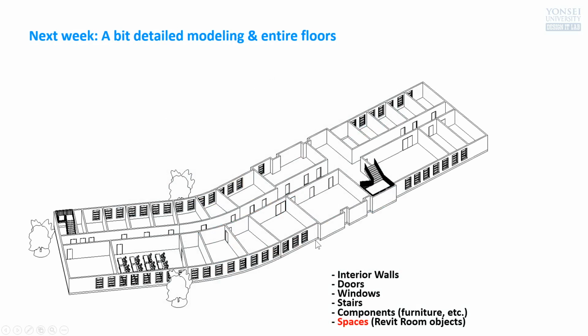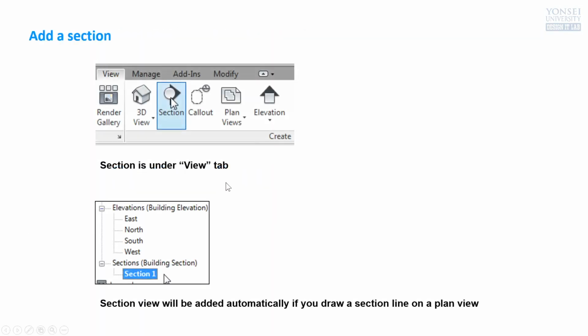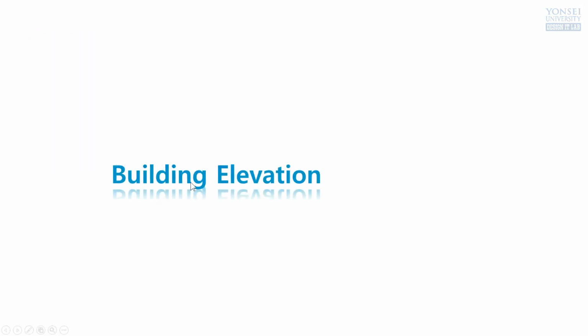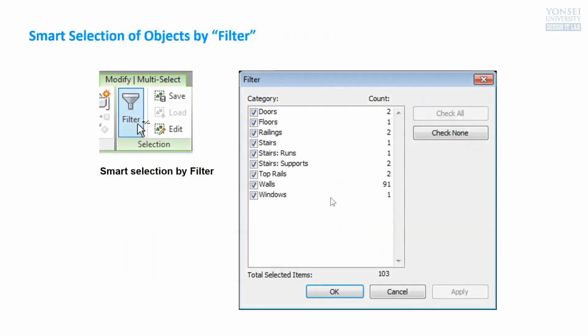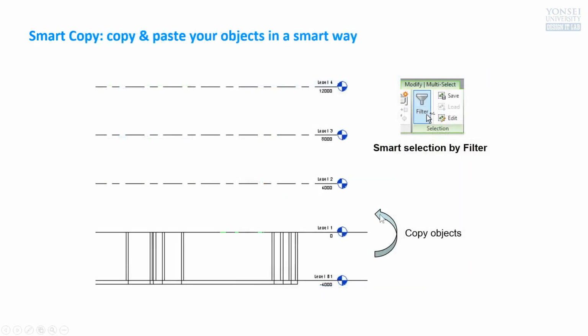Thanks to floors and levels, we can generate this kind of sections. Sections and building elevations, Level 1, 2, 3, and their smart copy like this.